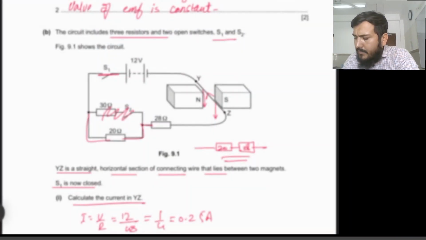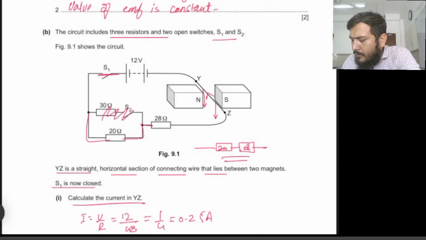S2 is closed, calculate the total resistance of the circuit. So if S2 is closed, alright, that means 30 and 20 ohms are now going to be in parallel.